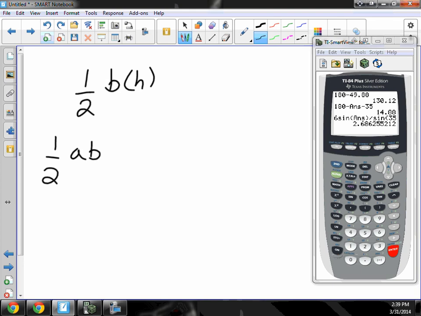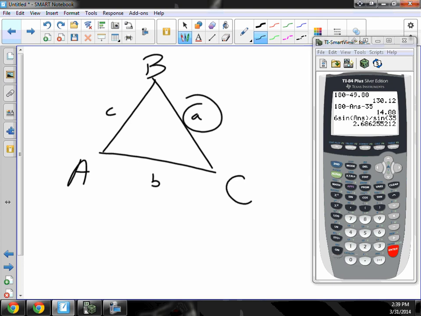And if I know A and I know B, which angle do I need? So if I know A and I know B, then I have to know angle C. Because if I know angle A, what does that make? Angle side side. So that doesn't work. What if I know angle B? That's also angle side side. So I need to know angle C.